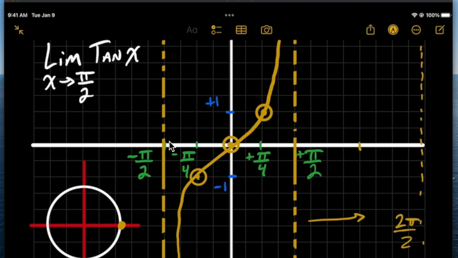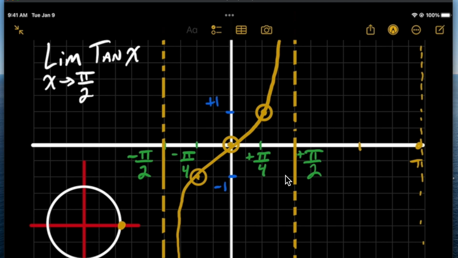Over here. And if you add 2 pi over 2 to 1 pi over 2, this is going to be 3 pi over 2. Okay, but we're not really going to be interested in that part of the graph. All the action is going to be located here at pi over 2.